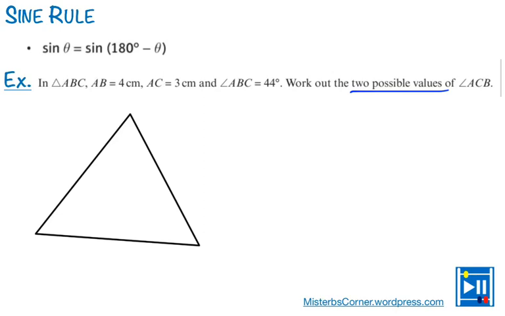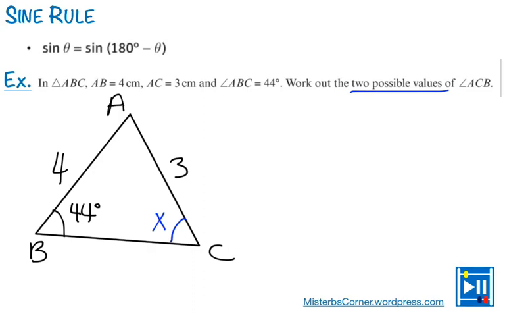Fine. Let's write triangle ABC, right? Now I am given AB to be 4, AC to be 3, and ABC, this angle, to be 44 degrees, right? So the question is, what is this angle?